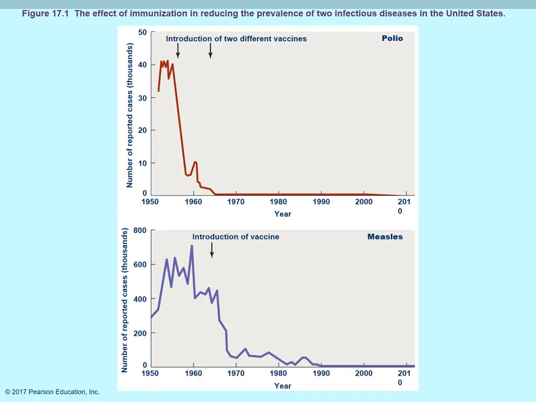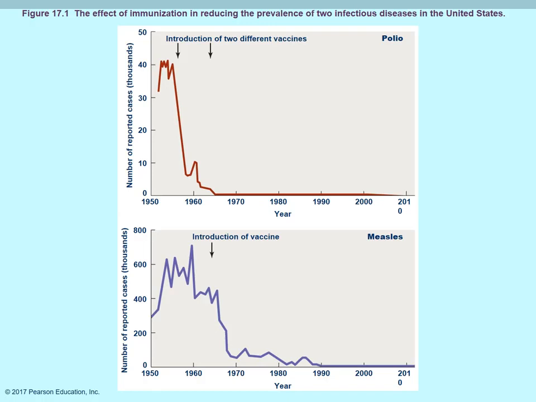The top graph in red shows polio. There actually are two different polio vaccines that were developed in a very short time frame of each other. And as you can see from the graph, the number of cases dramatically decreased. And as you can see, it's been relatively flat.